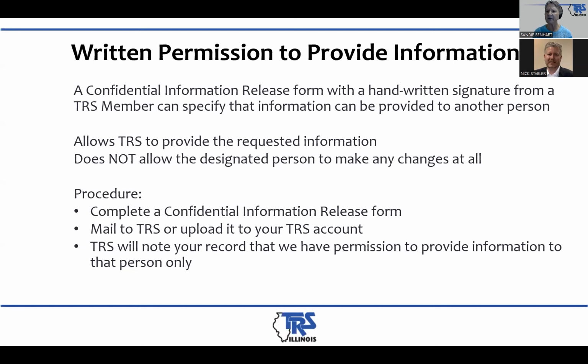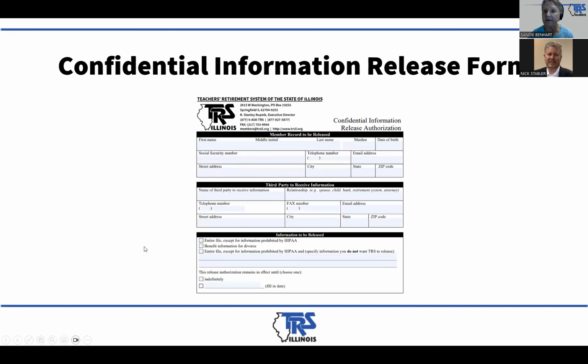There's not a specific one for confidential information release, but you could use the other category. And when you upload it, we'll see what it is. So that'll take care of it. What we will do is scan that to your record, and we will put a note on there, which is the first thing someone would see when you or that person calls, and it will say who has permission to get information and what information they can get.